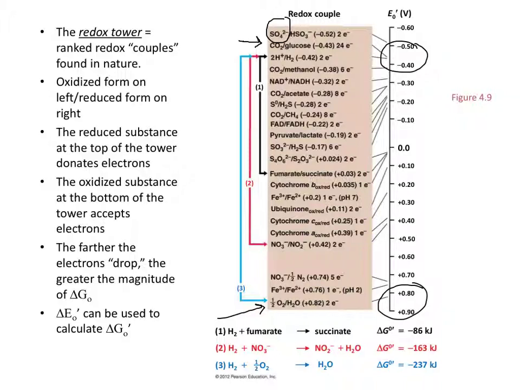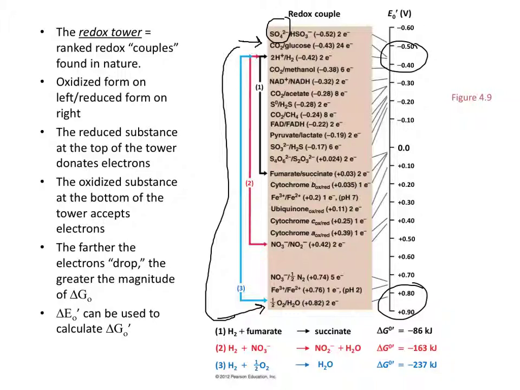Glucose can and does donate electrons to oxygen. That is thermodynamically possible, and there's a very big drop associated with that. So the delta E value associated with aerobic respiration will be large and positive. Because of that, the corresponding delta G value is very large and very negative.